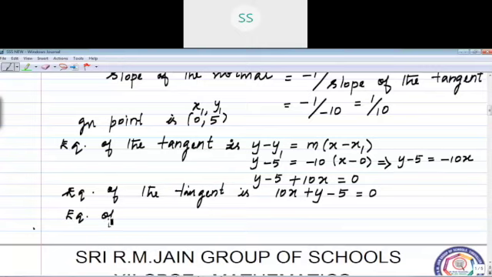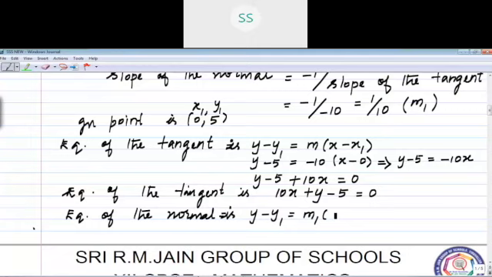Equation of the normal is the same formula: y minus y1 equal to, if you want, you can represent the slope of the normal as m1 for your understanding purpose, or you can write minus 1 by m, into x minus x1.